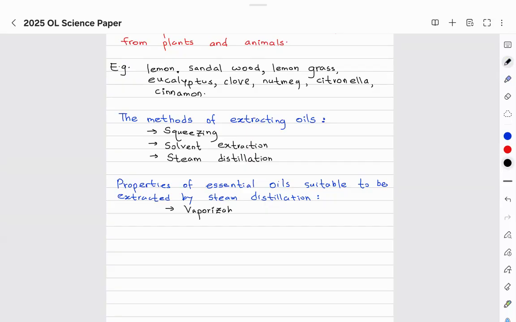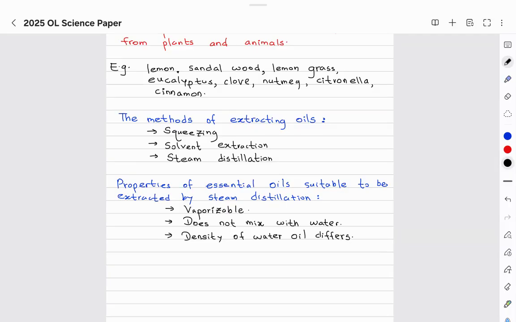Otherwise, we can't use this steam distillation method. They should be vaporizable and not mix with water. Otherwise, we can't use this method. And the density of water and oil differs. Otherwise, what will happen? They are going to mix. We can't separate the oil.